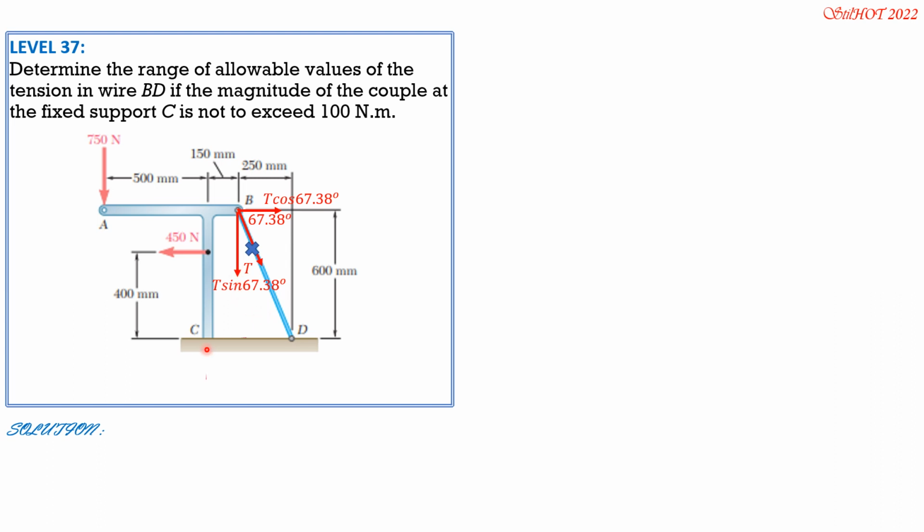So for the reactions at C, there are three component reactions. I will not name the horizontal and vertical, they are not important. Just the couple, which is either clockwise or counterclockwise 100 Newton meter. So for minimum tension, it should be the same sense as the couple. So for minimum tension, the couple should be clockwise because the moment of this tension force will also be clockwise.